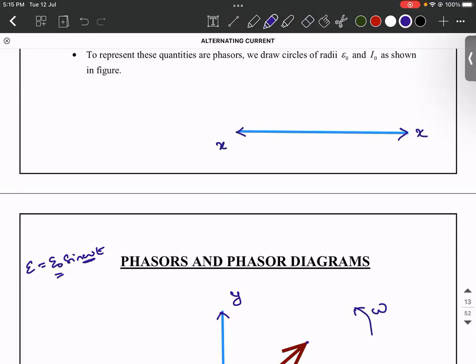If I call this line x dash, and there is a line segment like this, from the endpoints of the line segment, if you draw perpendiculars, you will get two feet of the perpendiculars, M and M dash. The distance between the feet of the perpendiculars drawn from the ends of the line segment is what is called projection.